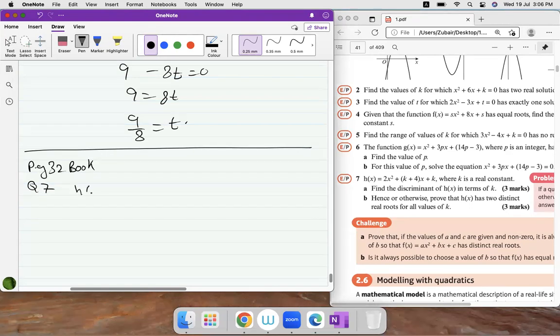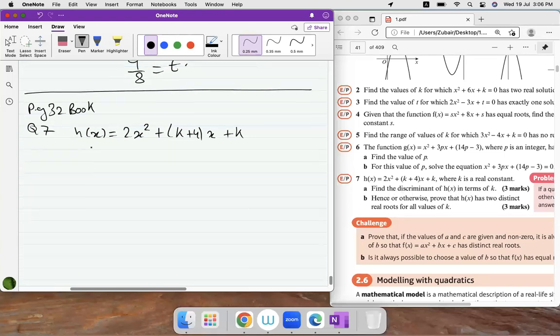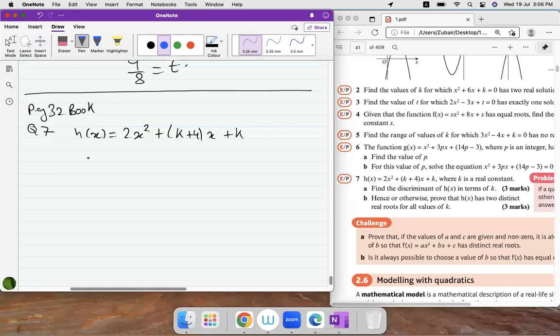It says h of x is equal to 2x square plus (k plus 4)x plus k, where k is a real constant. Find the discriminant of h of x in terms of k. b square minus 4ac is the discriminant. b is k plus 4 squared minus 4, a is 2, and c is k.